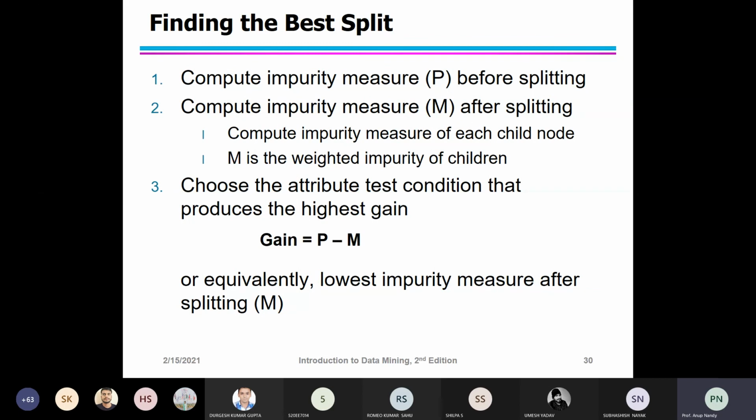So gain is computed as P minus M. To determine how well a test condition performs, you need to compare the degree of impurity of the parent node before splitting with the degree of impurity of the child nodes after splitting. The larger their difference, the better the test condition.